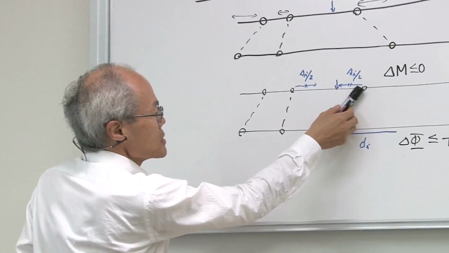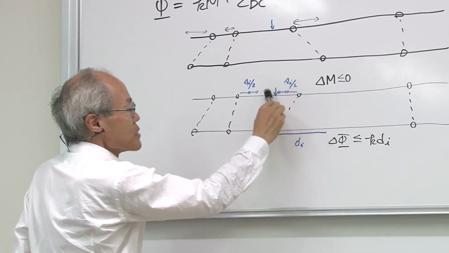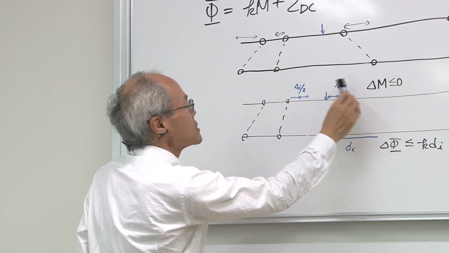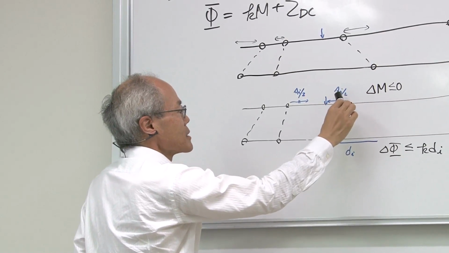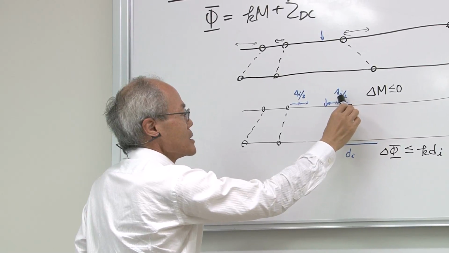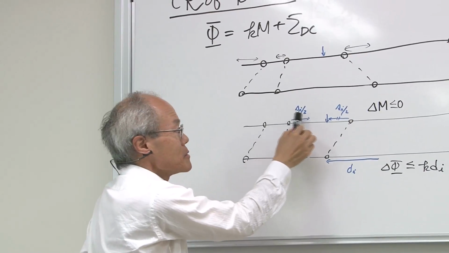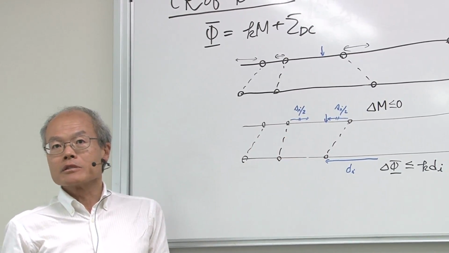This matching becomes 0, so it decreases at least d_i over 2. And don't forget that this server also moves the same distance, so the matching may increase.